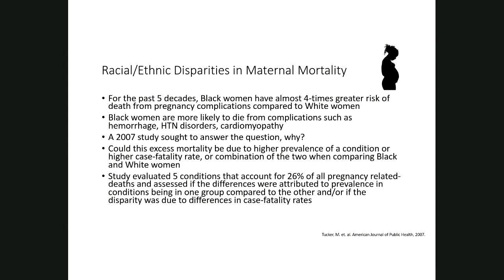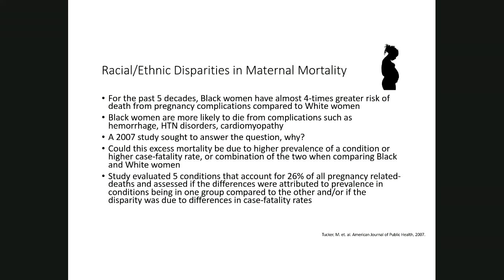So in this study, 5 conditions were assessed. Those conditions were preeclampsia, eclampsia, placental abruption, placenta previa, and postpartum hemorrhage. The study wanted to look at those 5 conditions because they were able to extract that data from a national database.